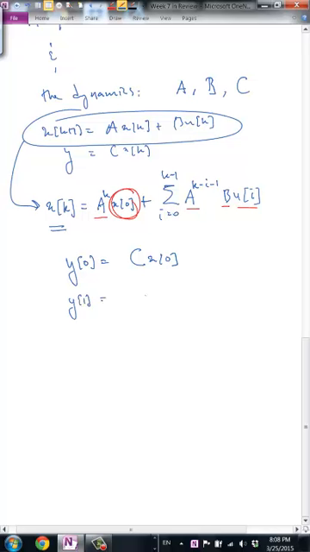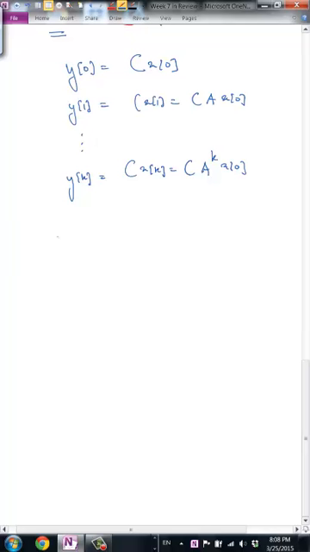At time 1, we have y of 1 is equal to C x of 1, which is equal to C A x of 0 when we're ignoring the u terms, etc. So down by time k, we get to see C times x of k, which is just equal to C A to the k times x of 0. So writing these all together, we see that the left-hand side is something that we know, y of 0 down to y of k, is equal to the matrix, which is called the observability matrix.